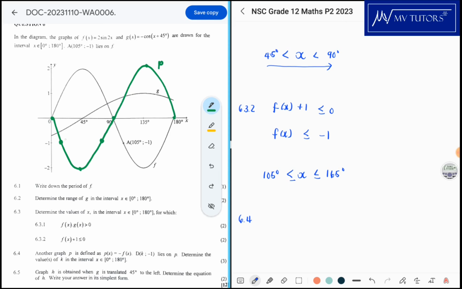So K can be here or K can be there, all right? And because I'm looking at this graph, I'm not going to calculate it in a certain way. I'm going to answer this question graphically. Okay, so we know that P is actually negative of f, which is -2 sine 2x, all right?